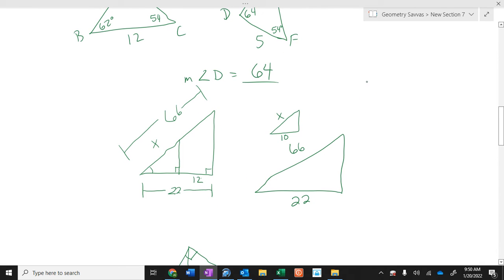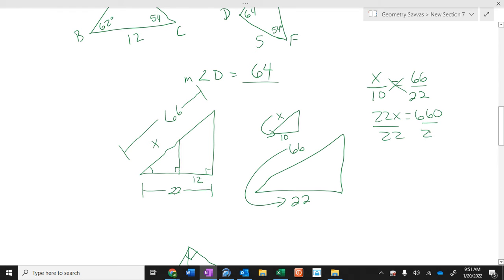So I can go x over 10 equals 66 over 22. This over this equals this over this. Okay? All right, so if we cross multiply, 22x equals 660, divide by 22, x equals 30.